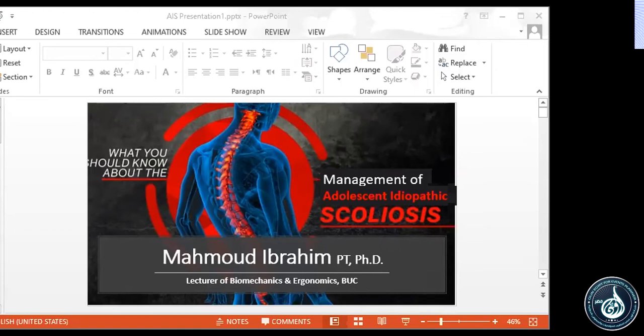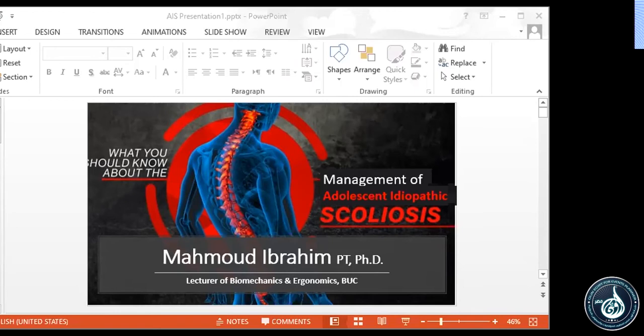So the indications of these exercises: Cobb angle less than 25 degrees with Risser sign from 0 to 3, Cobb angle of 20 to 29 degrees with risk of progression from 40 to 60%. Adolescents with Cobb angle less than 35 degrees but Risser sign from 4 to 5.